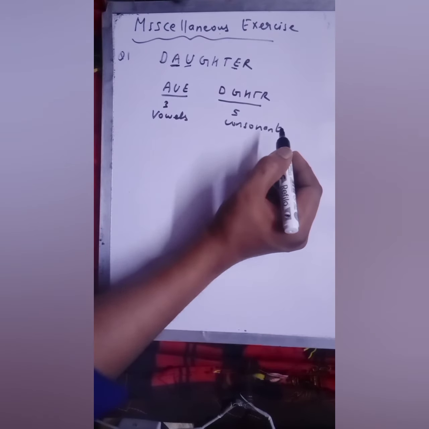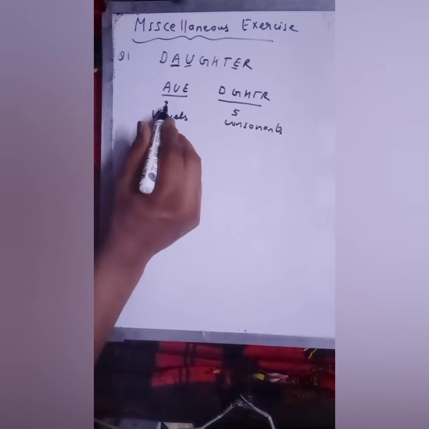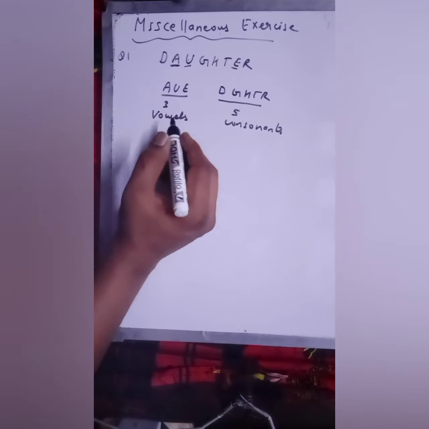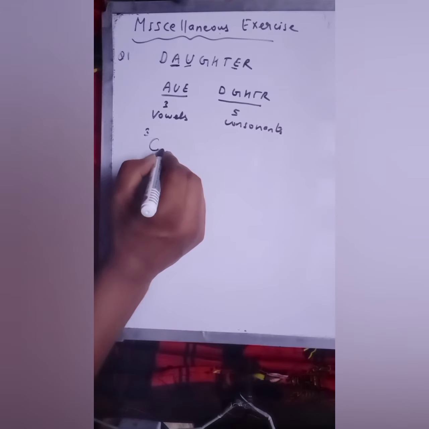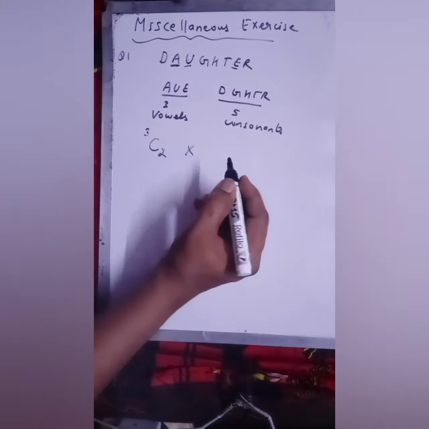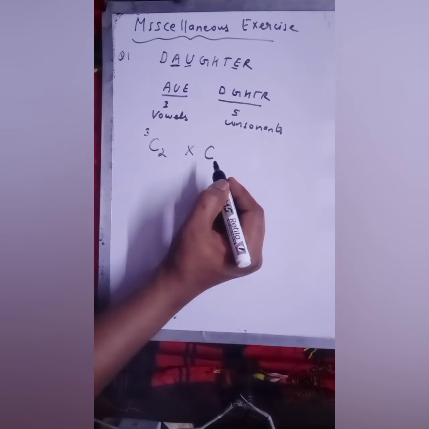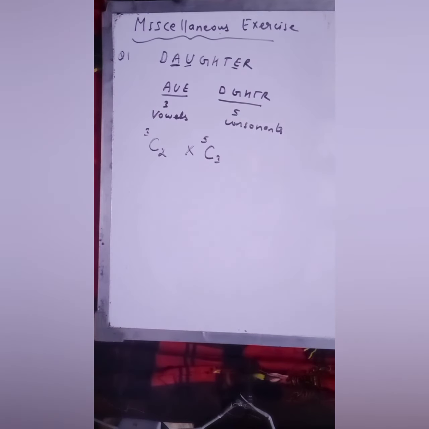We have to choose two vowels, because we need a combination of two vowels. So we have 3 vowels in total and we have to choose only 2. Into what we have to choose 3 consonants: we have a total of 5 consonants and we have to choose 3 of them.